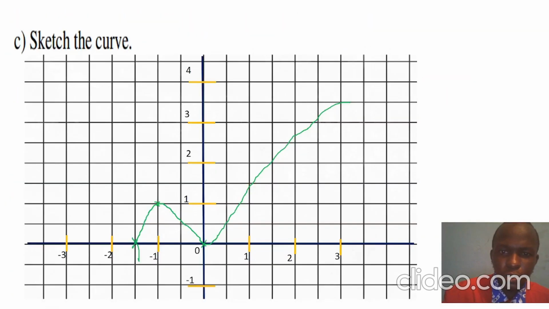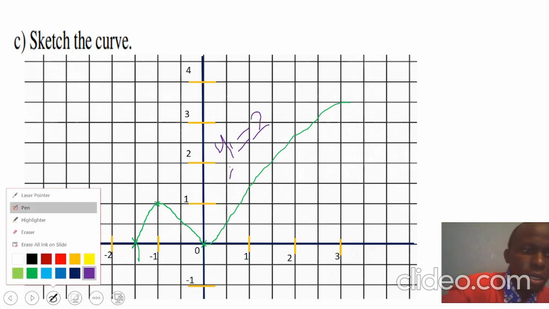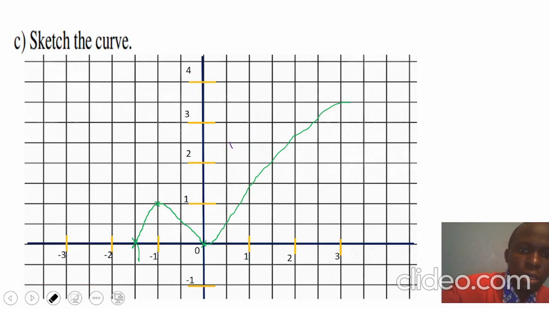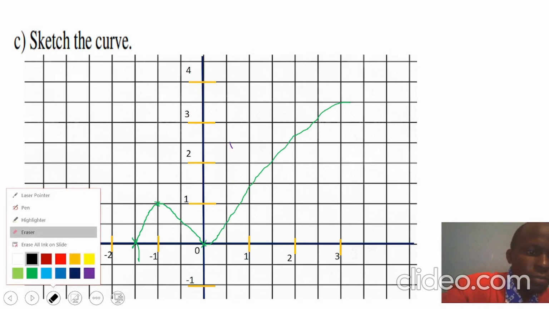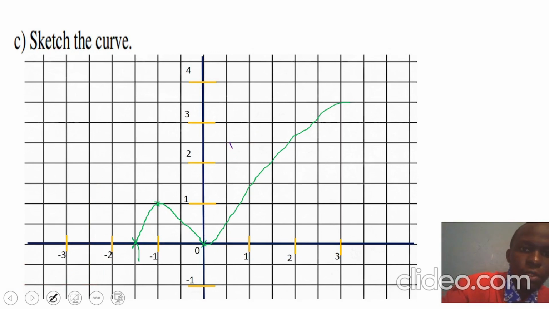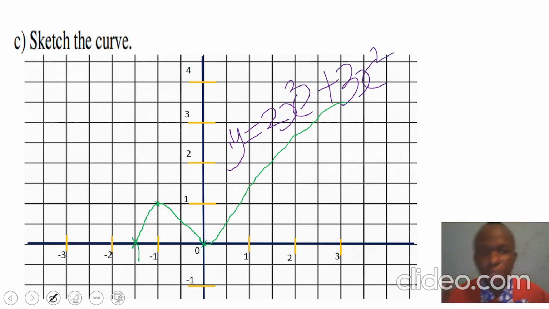So we have to label the graph: y is equal to 2x cubed plus 3x squared. So the graph has been labeled. So that is the graph. We have already sketched the graph.